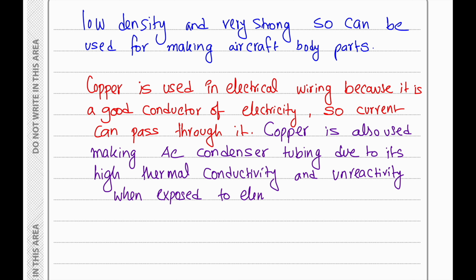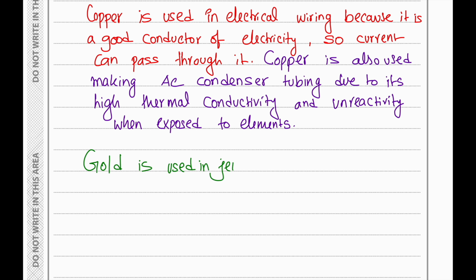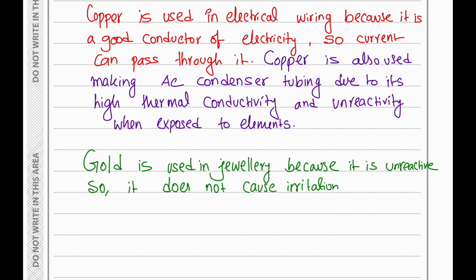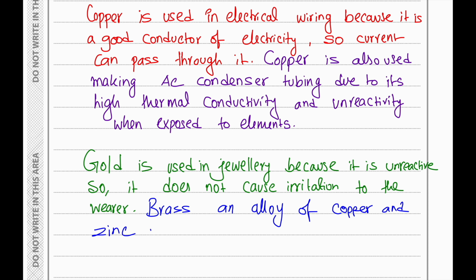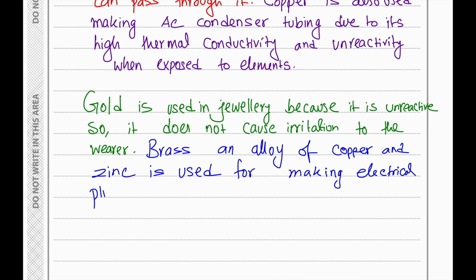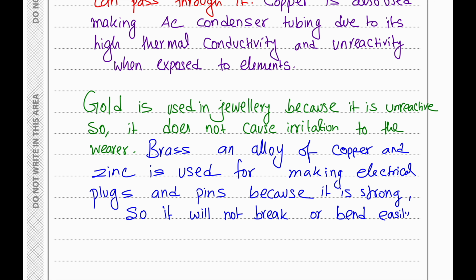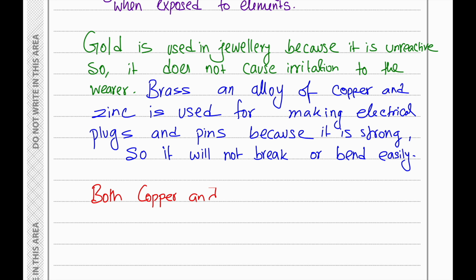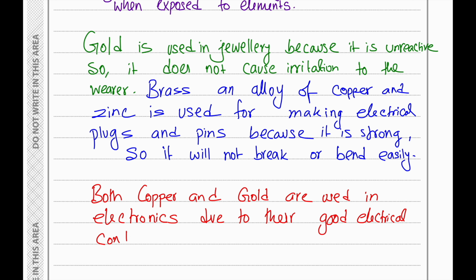Gold is used in jewelry because it is unreactive, so it does not cause irritation to the wearer. Whereas brass, which is an alloy of copper and zinc, is used for making electrical plugs and pins because it is strong, so it will not break or bend easily. Both copper and gold are used in electronics extensively due to their good electrical conductivity and unreactivity.